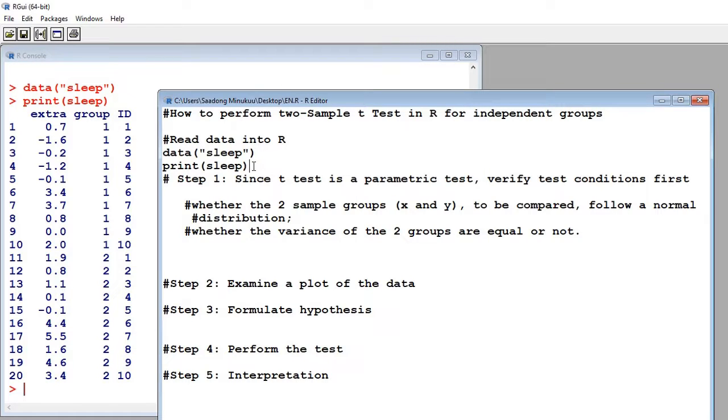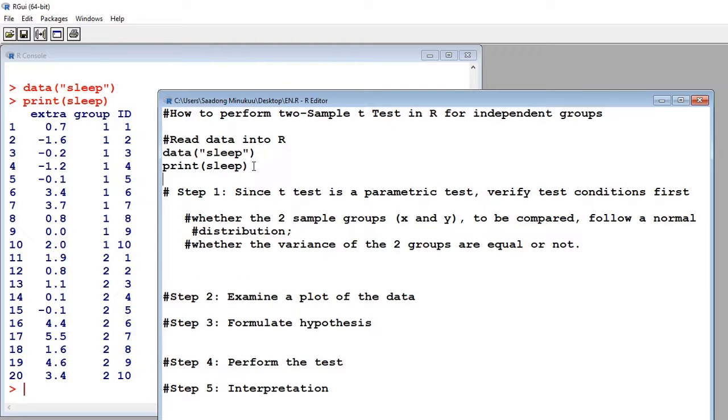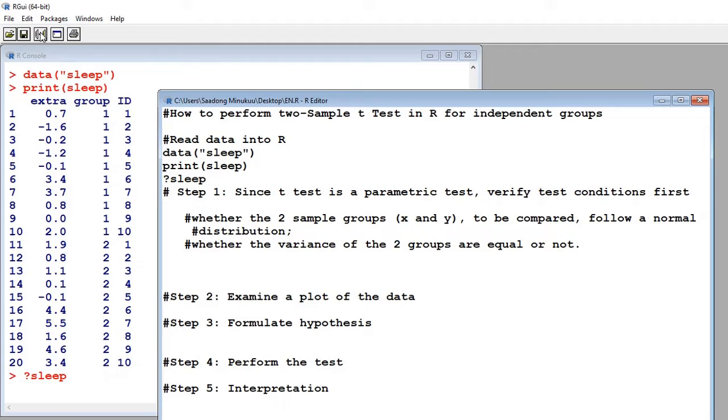If you would also like to know more about the sleep data, it's very simple. Simply type question mark and then write sleep. Now, if I run this, R will tell us more about the sleep data.